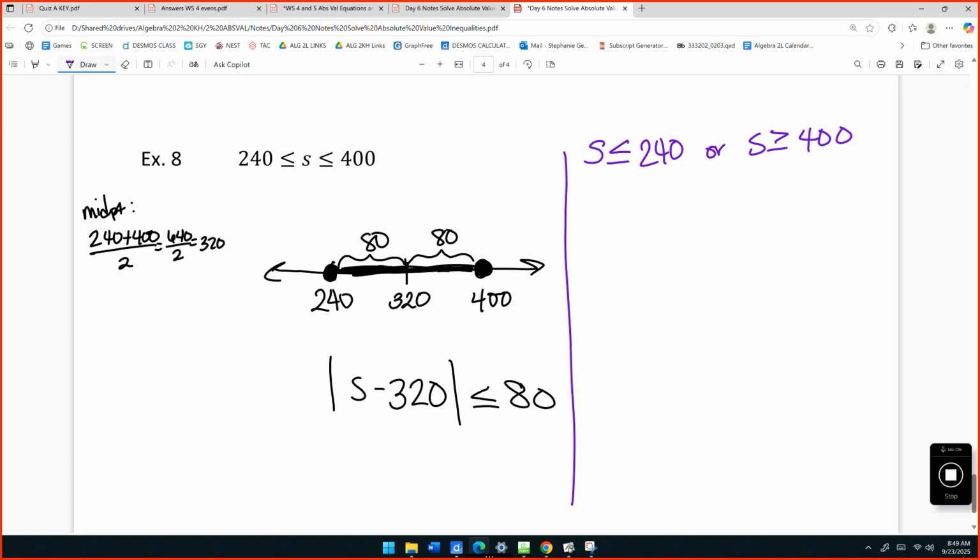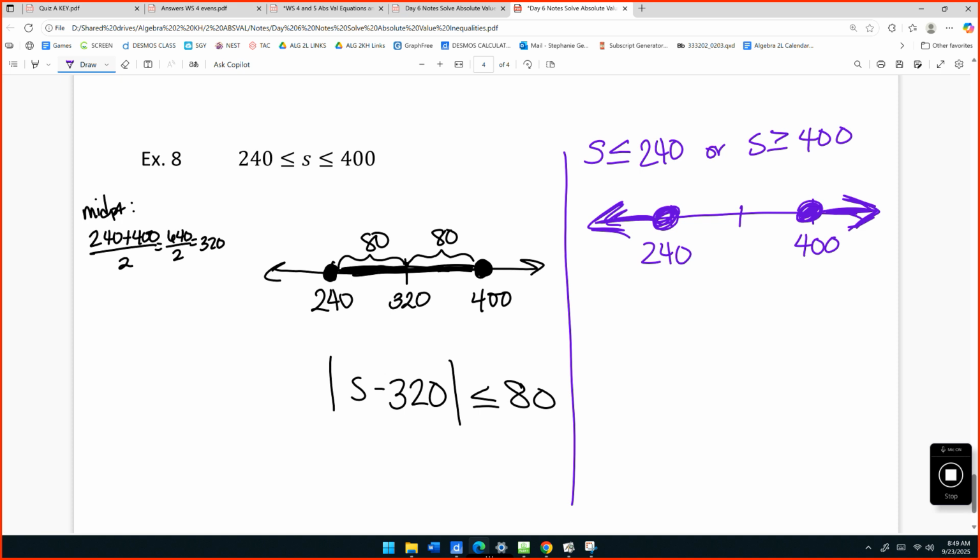I'd say, okay, let me map that. So I have 240, I have 400, less than or equal to this way, or greater than or equal to 400 this way. But I still need to find the midpoint.